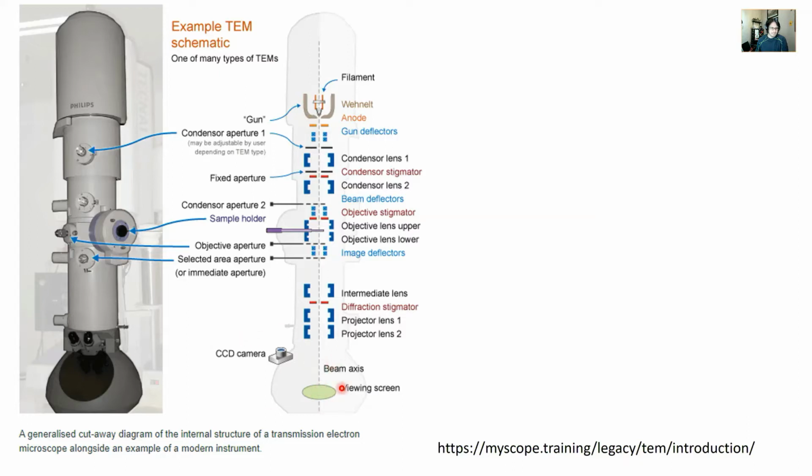This particular model shows something called a projector lens, which is interesting. It goes to the concept that you're really projecting the image of the microstructure onto, usually, a fluorescent or phosphorescent screen.